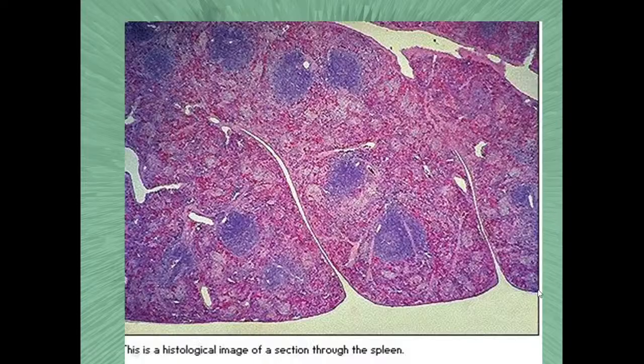Histologically, it consists of the red and white pulp. It is very nicely supplied by blood vessels, by the capillaries, the sinusoids, similar to the capillaries inside of the liver. And the spleen is very important in embryonic life. It participates in hematopoiesis.